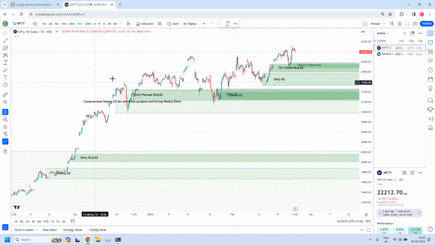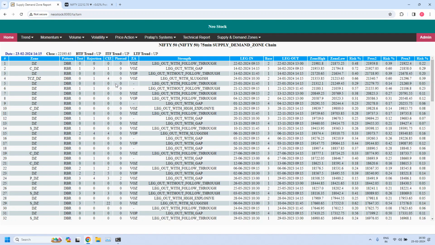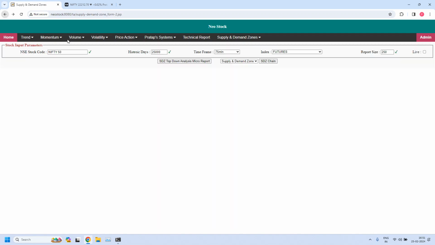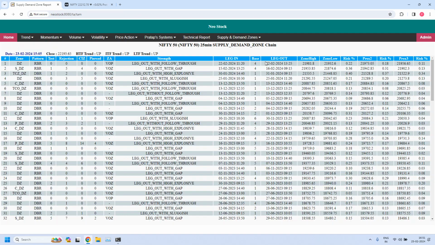Now let us go back to 15 minutes. Sorry, there is one more, 25 minutes. So changing the time to 25 minutes, generating the supply demand zone chain. What is the nearest 25 minutes demand zone? 22nd February 11:20, and we have 4 base candles.